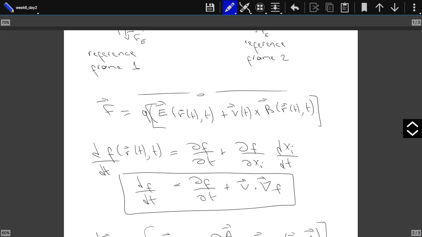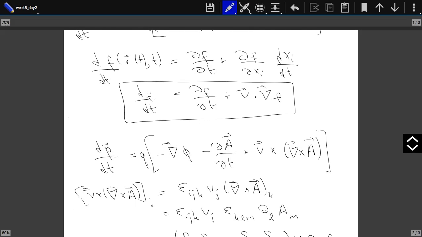This is my force, right? This line. This is the force acting on a charged object. Well, according to Newton, the force acting on a charged object is nothing but the rate of change of its momentum. So that is what I just rewrote over here.